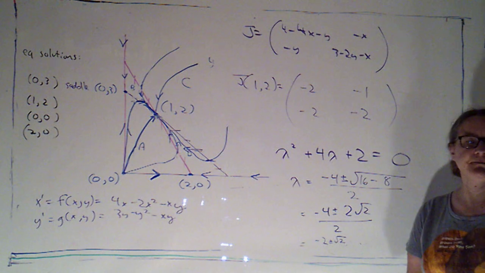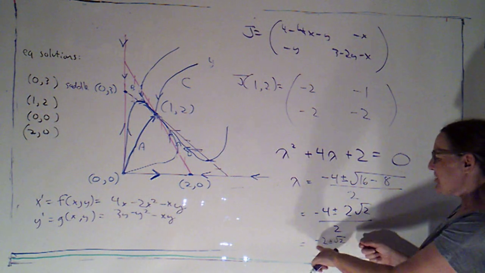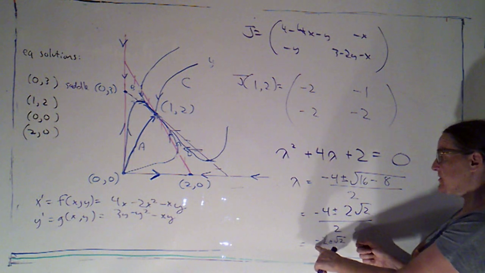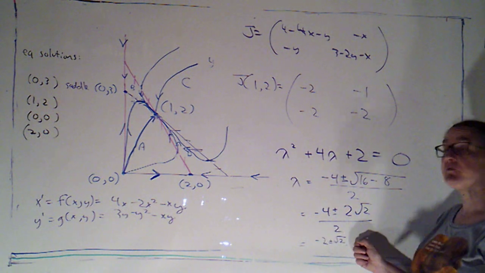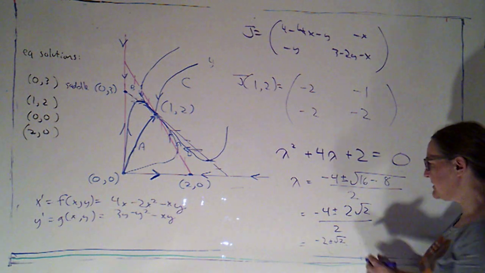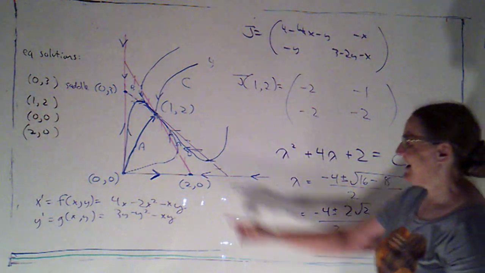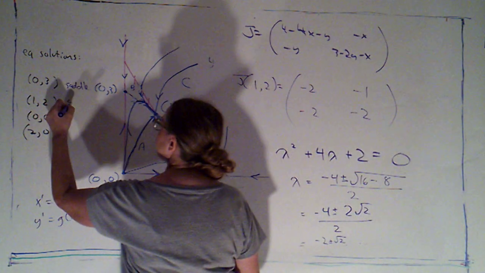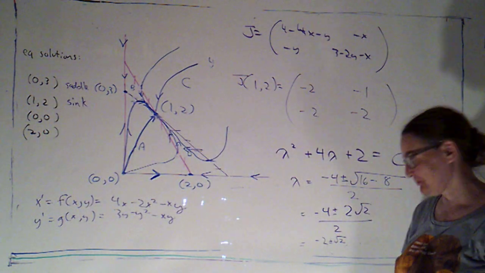That makes sense. Okay, sorry. Having a moment there. Okay, so if I take a look at this, root 2 is smaller than 2. So negative 2 minus root 2 is clearly negative, but negative 2 plus root 2 is also negative. So both of these are less than 0. That means we're going to have a sink, and that's very consistent with the behavior that we saw in our phase portrait here, that we've got a sink at the point 1, 2.